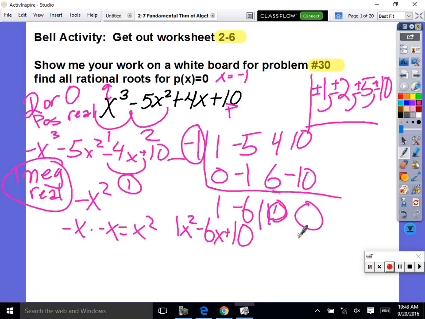It has to multiply to 10 and add to 6. You can't do that, because 1 times 10 would be 11, or negative 11, or 2 times 5 would be 10, but 2 plus 5 is 7, or negative 7. So negative 1 is our only factor.